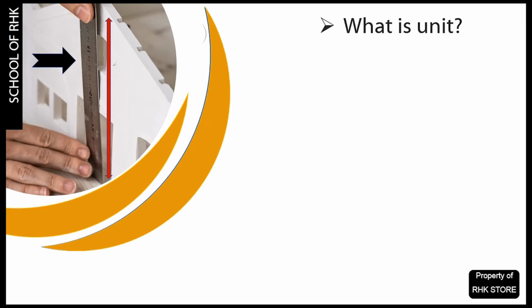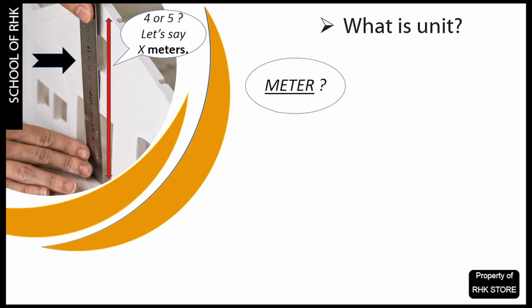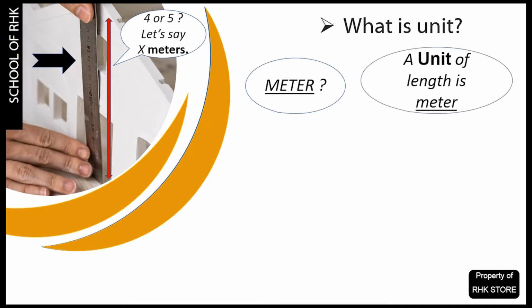If we measure the length or height, we say it is 4 or 5, or let's say x meters. But have you ever thought what does the word meter stands for? This is what we call a unit. Here the unit for measuring length or height is meter.